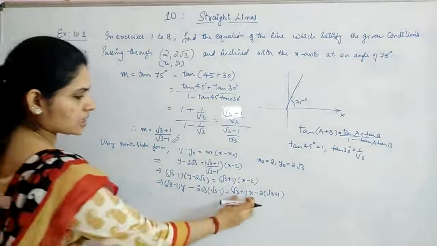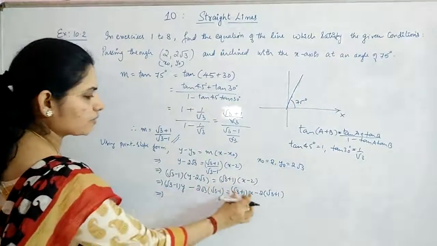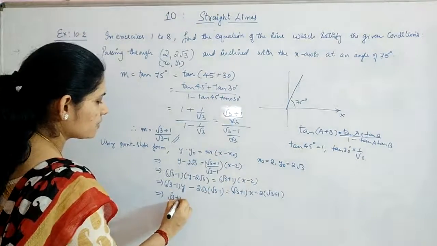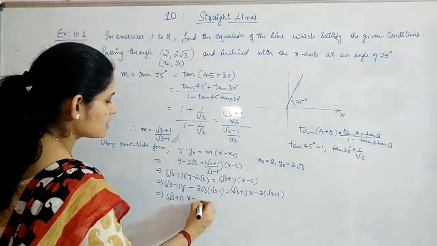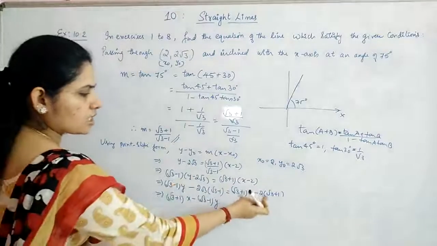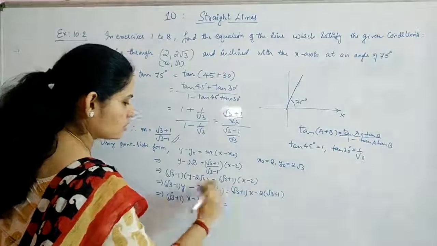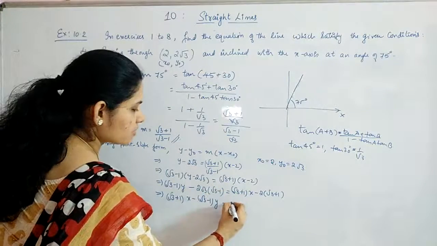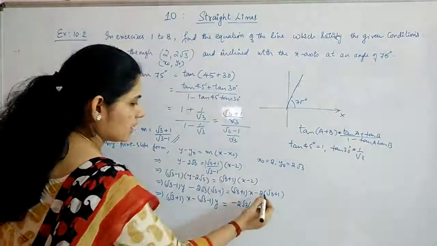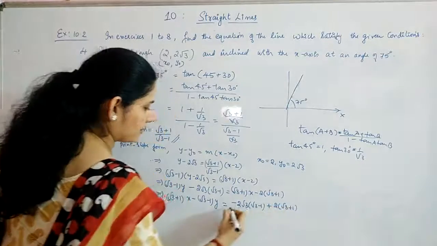Now this is the y term, this is the x term. Taking to one side, making the x term positive, that means this is positive, and this will go to the other side, so it becomes (root 3 plus 1) into x minus (root 3 minus 1) into y. We take the constant term to the left side together with this term, so this is already minus 2 root 3 into (root 3 minus 1), and this will go there as plus 2 into (root 3 plus 1).